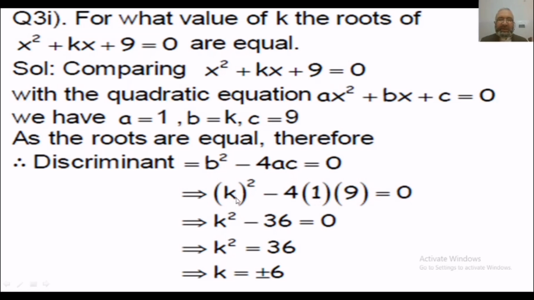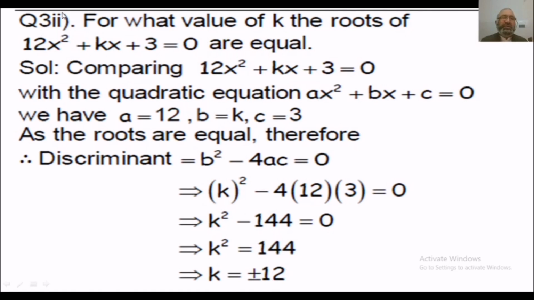Simplifying, k square minus 4 9s are 36 is equal to 0. Transferring minus 36 to the right hand side, k square becomes 36. Taking square root on both sides, the square cancels with the square root, so k is equal to plus minus 6. Thus we get the value of k. So using the property we get the value of k.